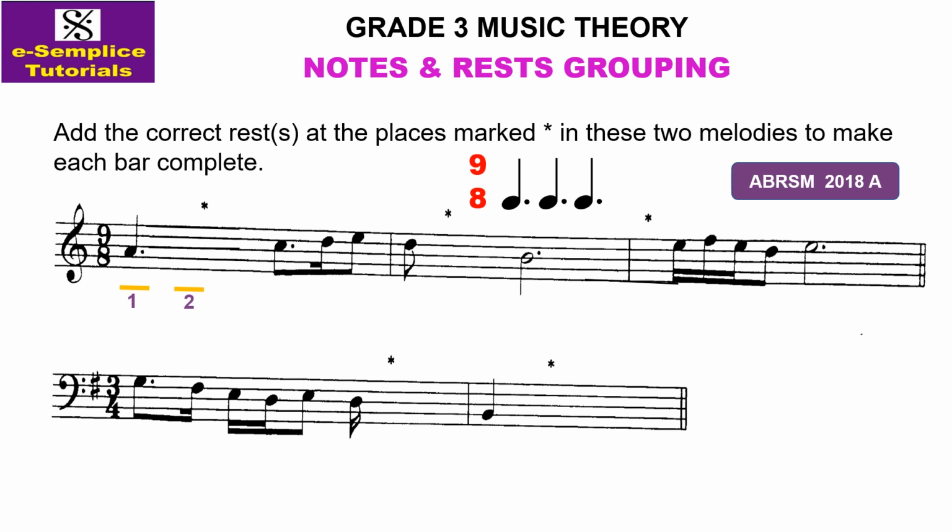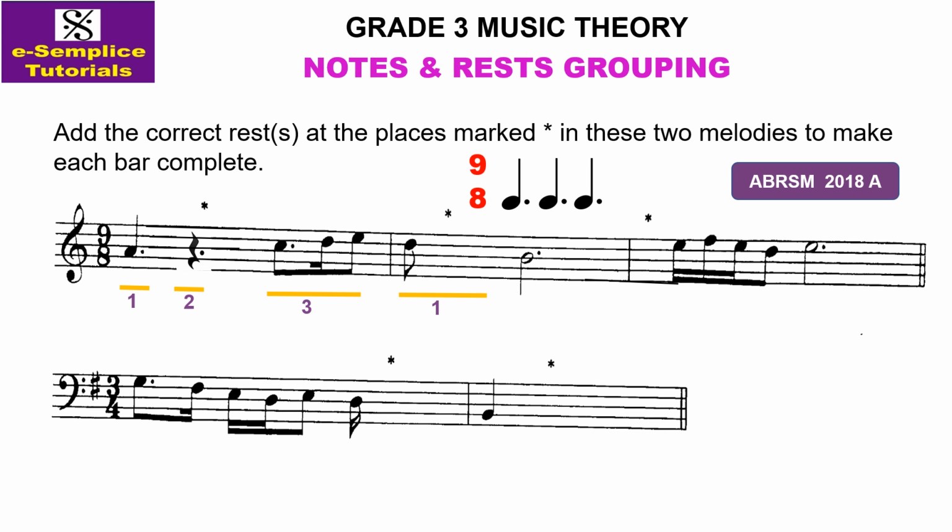From the initial outlook, the second beat is a dotted crotchet, and the appropriate rest to use is a dotted crotchet rest. As an alternative, you can use a crotchet rest and a quaver rest also. Now beat 3 is already there. Let's move to bar 2.